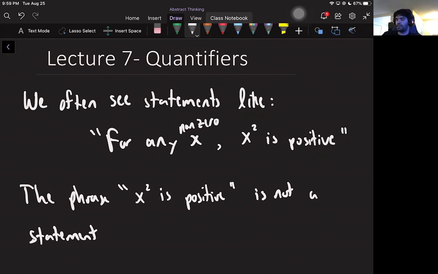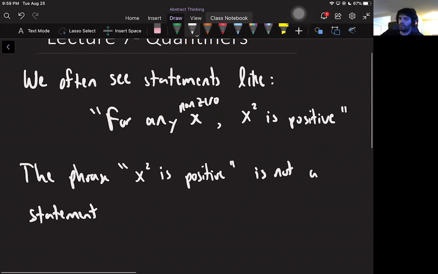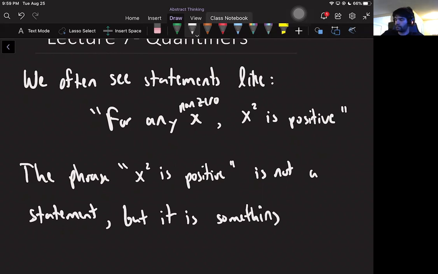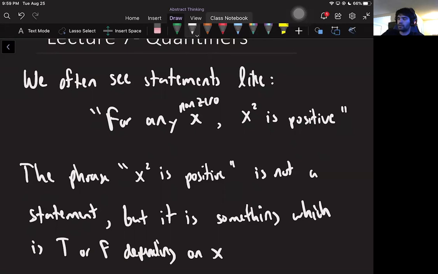So it's not always positive. It depends on what kinds of things you plug in. So it's not exactly a statement, but it's still important. And we want to think about what exactly it is. But it is something which is true or false depending on x.